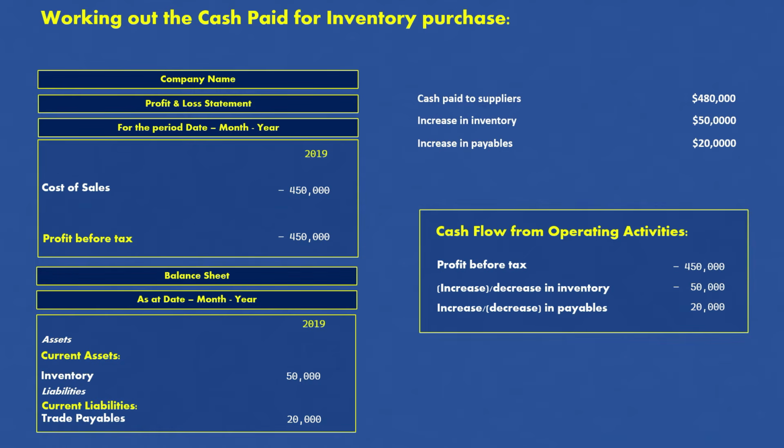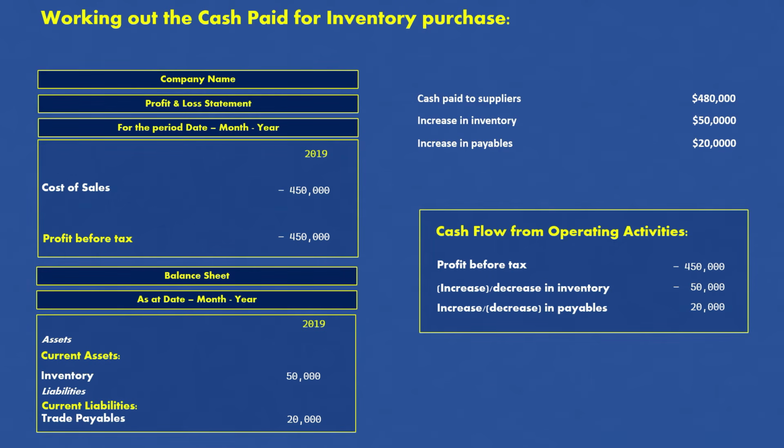So the rule is simple. For the assets, that can be inventory or receivables, the increase is deducted, and for the payables, the increase is a positive value. And now if we compile these values together, you can see 450 minus 50, that is 500,000 in negative, and then $20,000 in positive. That will bring you to a 480,000 negative value that will present the cash outflow.